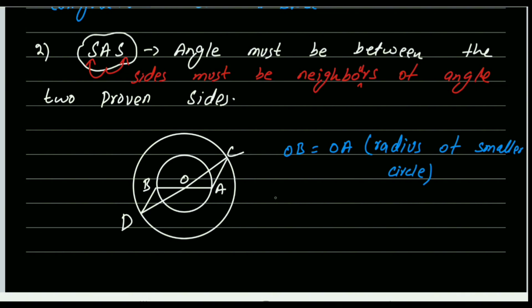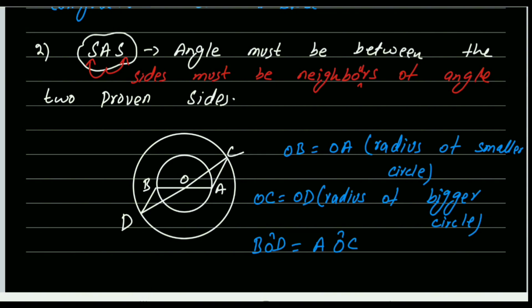Second side, we will write OC is equal to OD. The reason is they are radii of the bigger circle. Okay, third, the angle: BOD is equal to AOC.